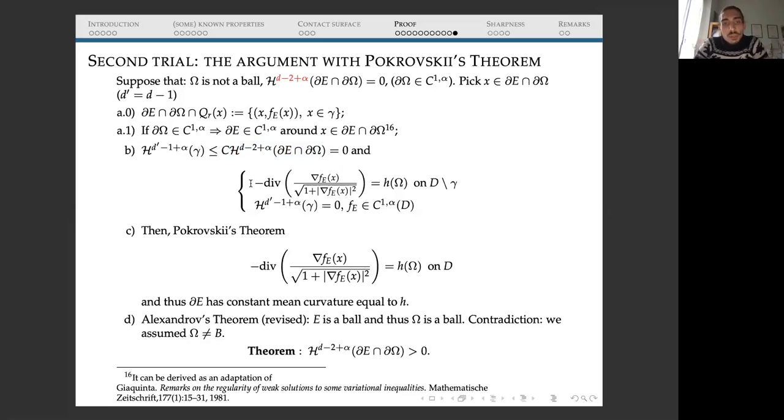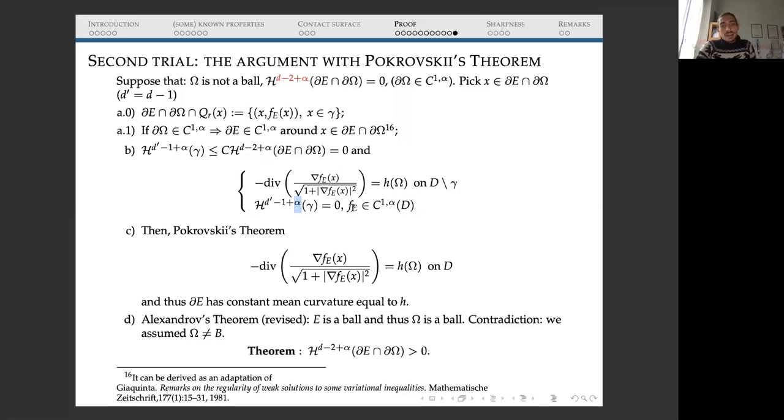Then you observe that, as before, the constant mean curvature equation is satisfied on d minus gamma. The singular set has the right size. Now, Pokrovsky's theorem, recall, requires this condition because it's the whole point. You need to be more regular so as to enlarge this.